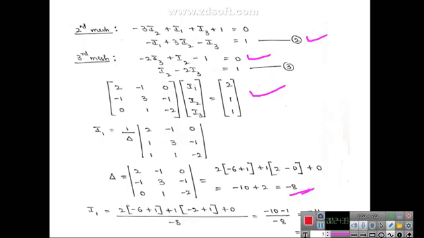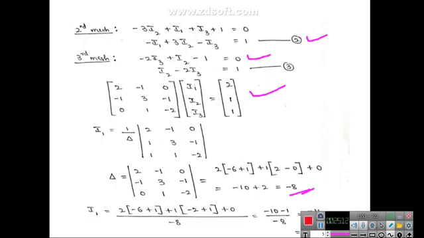Then I1 is equal to 1 by 8, and you take this value, that is 2 into minus 6 plus 1 minus minus of minus 1 plus 1 minus 2, and minus of minus 1 means plus 1, plus 0.